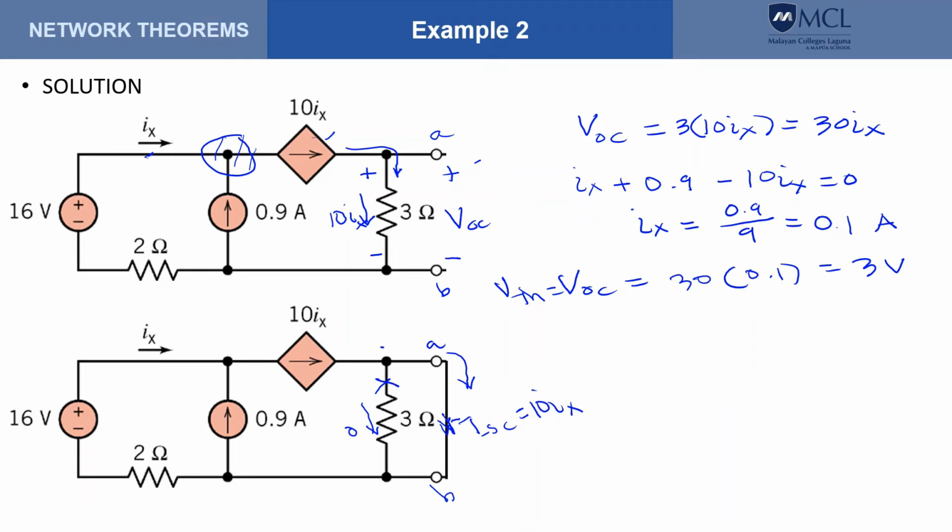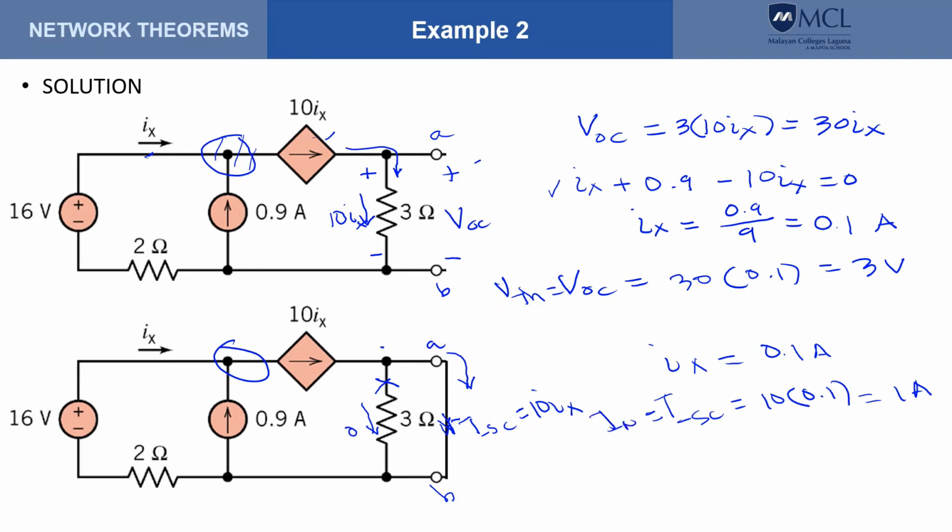Again, we apply KCL here. So we'll get this same equation. That means I sub x is again equal to 0.1 amperes. And that should give us ISC equals 10 times 0.1, or equal to 1 ampere, which is also our I sub n.